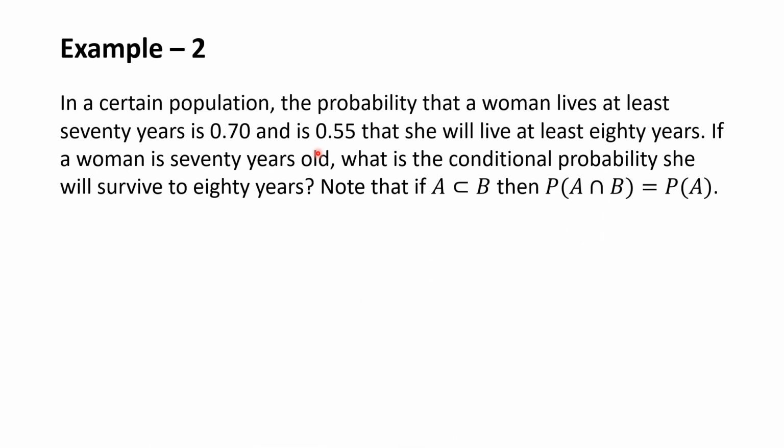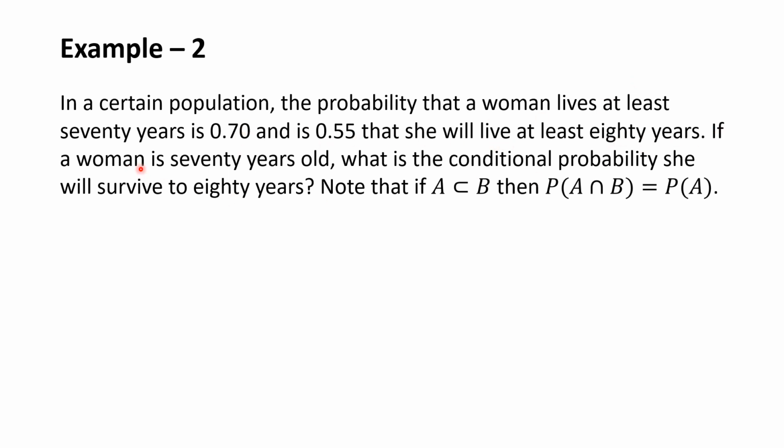We have another conditional probability problem on this slide. In a certain population, the probability that a woman lives at least 70 years is 0.7, and it is 0.55 that she will live at least 80 years. So you would expect the numbers to go down as you increase the age.